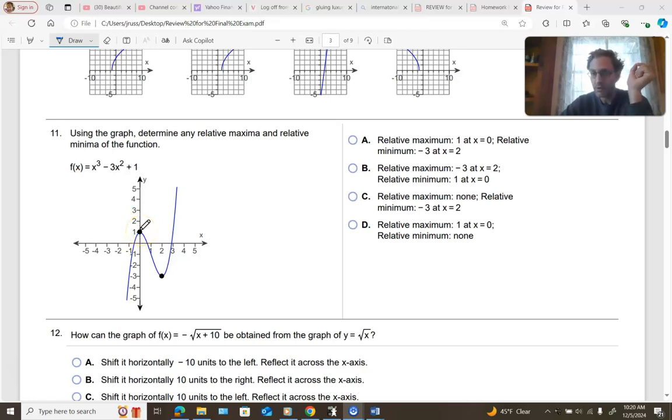Remember, it refers to the y-coordinate, and then you list it wherever the x is. So a relative maximum of 1 whenever x is 0. And over here, I have a relative minimum of -3 whenever x is 2. So let's see which of these choices. I think it's going to be choice A.